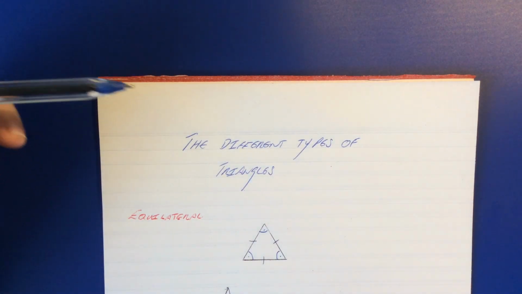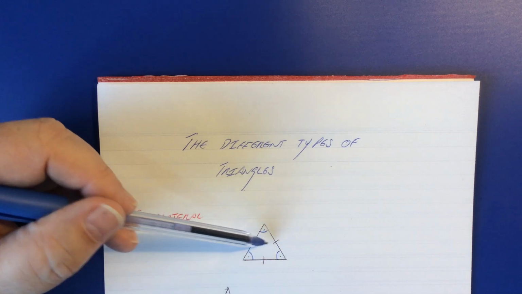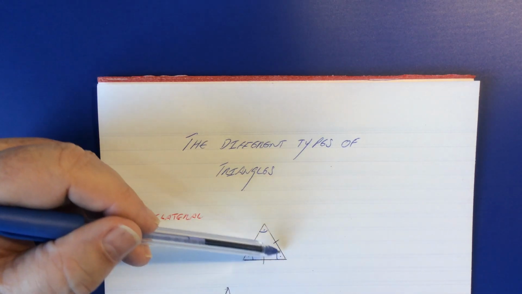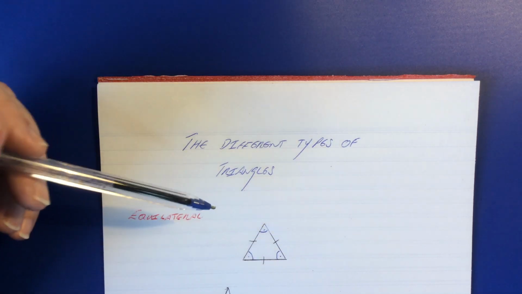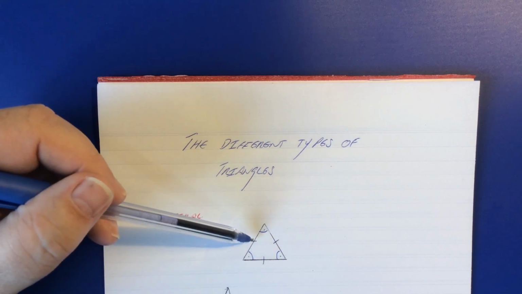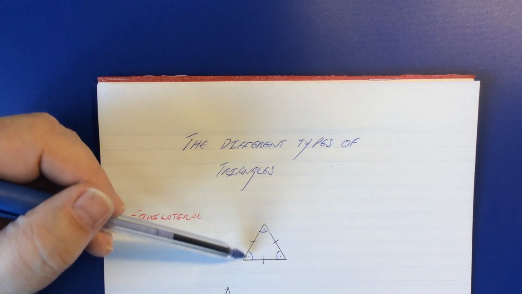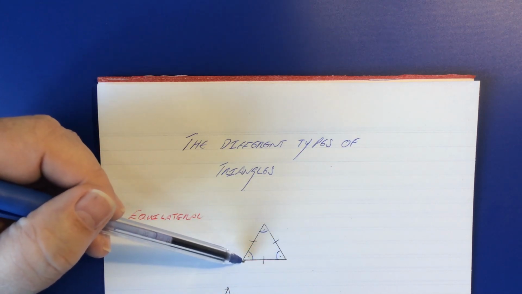So, an equilateral triangle has angles that are all the same and sides that are all the same. Now, the sides can vary in length as long as they are all the same length. So these could be 2 centimeters long, 20 centimeters long. As long as they are all that length, the triangle will look like this.